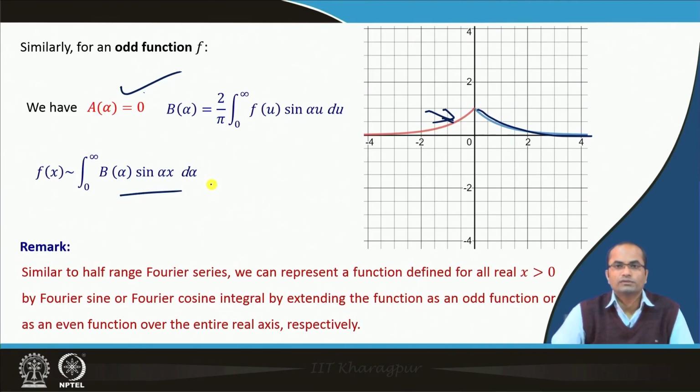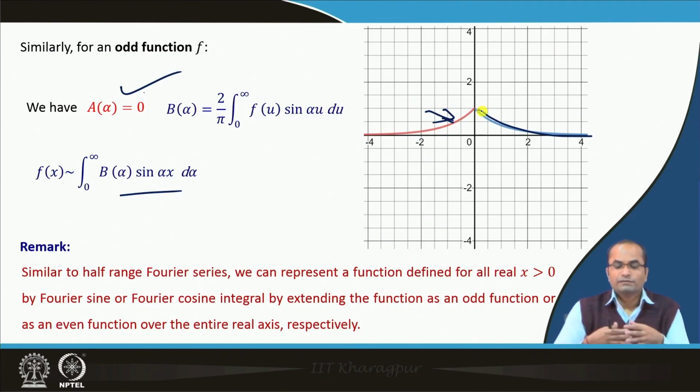So, these are the two possibilities where we can make use of the function defined in the interval 0 to infinity. Only in one half of this axis the function is defined, in the other half we can define it according to our wish to have either a Fourier sine integral representation or a Fourier cosine integral representation.